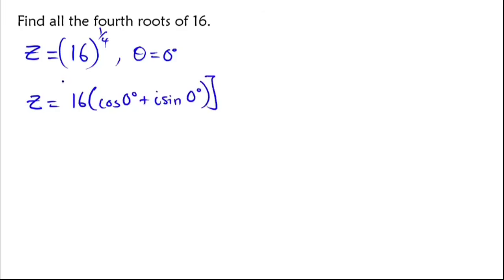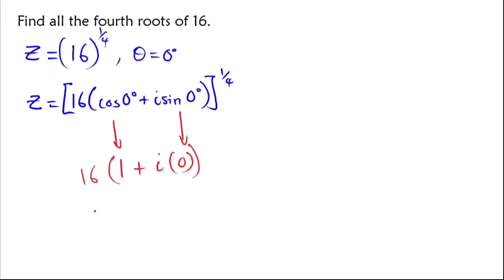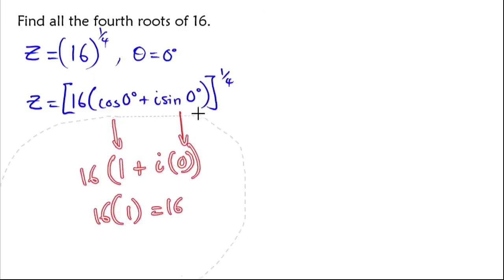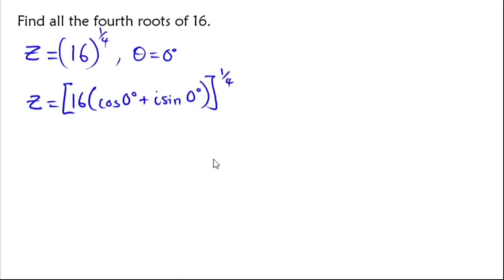Now remember, all this is raised to the power 1 over 4. For your own information, cos 0 is 1, sine 0 is 0. So if I multiply i and 0, I get a 0 of course. So this gives us 16 multiplied by 1, which is just the 16 that we had originally. So those two expressions are just the same as 16 if you write it in polar form.